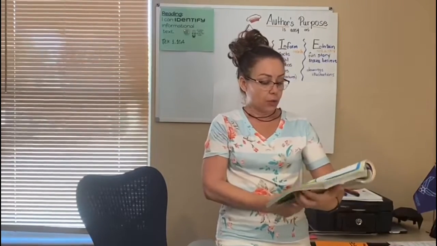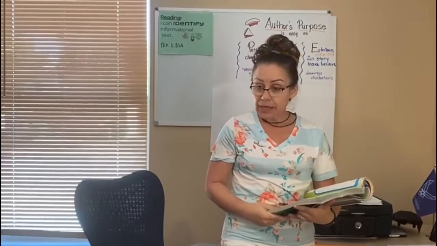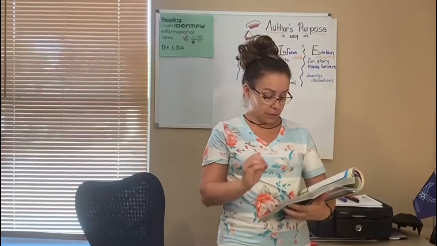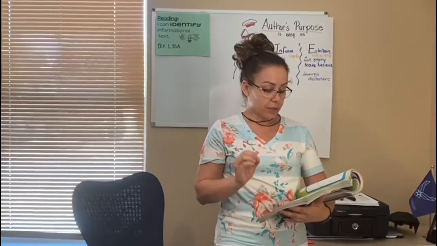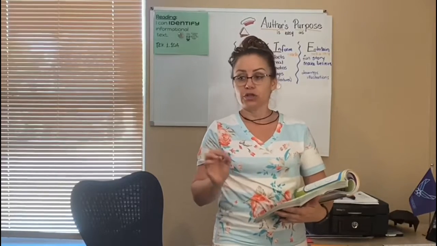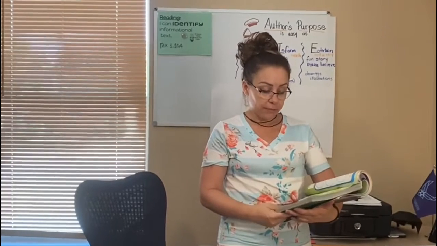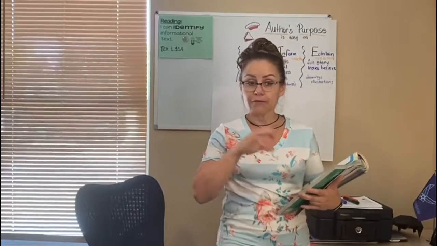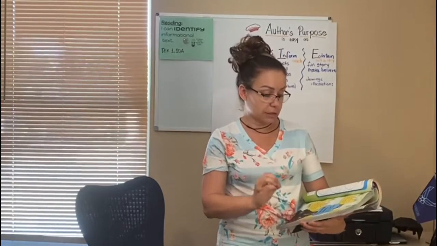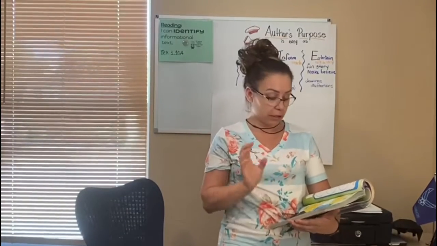Okay, so pay attention. This man called Isaac Newton, he was a very important man. He saw an apple fall from the tree, and he wrote very important laws, movement laws.